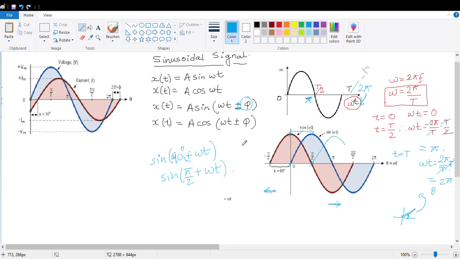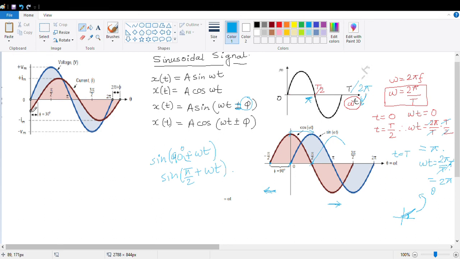So suppose, we know that generally for a lagging circuit, the current lags the voltage by a certain angle. Now here you find that this is the reference voltage waveform, a sinusoidal waveform.